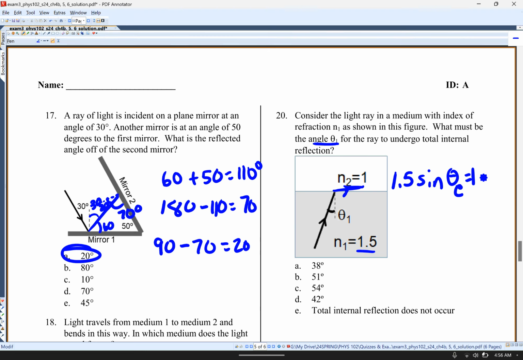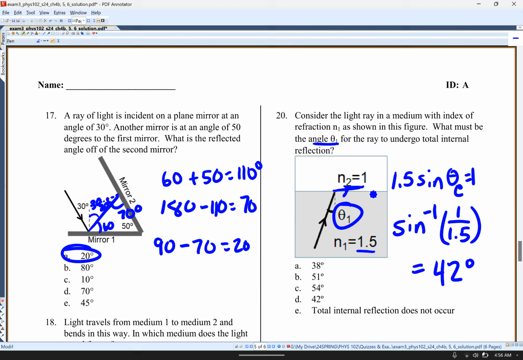And sine of 90, of course, is equal to 1. So it's the inverse sine of 1 divided by 1.5. And that's equal to 42 degrees. So this angle has to be 42 degrees in order to get total internal reflection occurring in this. All right.